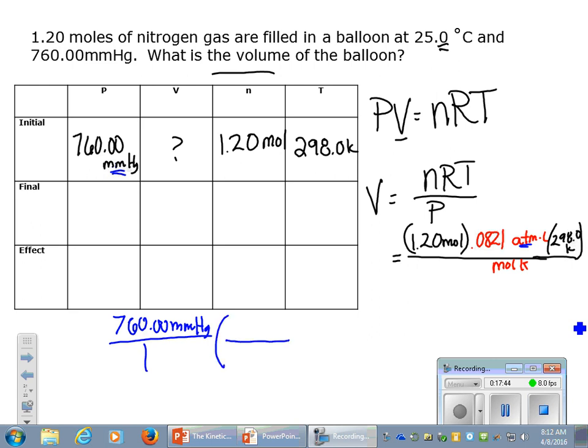So we know that our conversion factor is going to have standard pressure in millimeters of mercury on the bottom and standard pressure in atmospheres on the top. So that's going to give us 1. Let's see, we've got 5 significant digits. 1, 2, 3, 4, 5 atmospheres for our pressure. So our pressure then is 1 atmosphere with 5 significant digits.